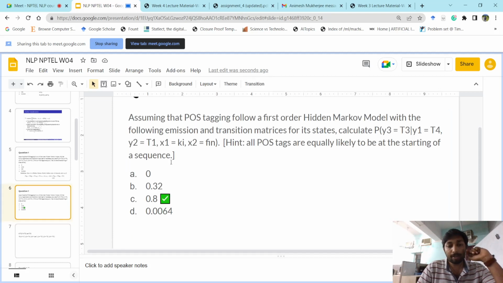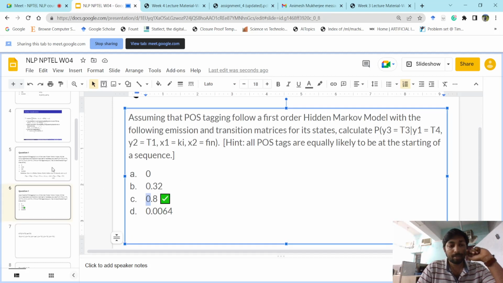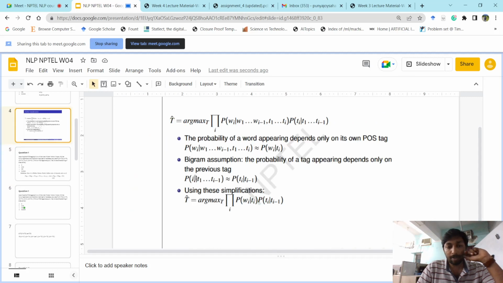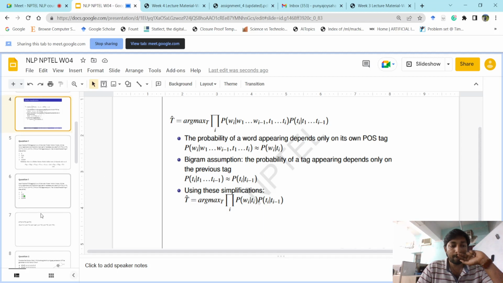This we already solved: we got 0.8 using the formula that the probability of a tag appearing depends only on the previous tag. Now you have to calculate the whole probability, the probability of this whole sentence. So how do you do that?